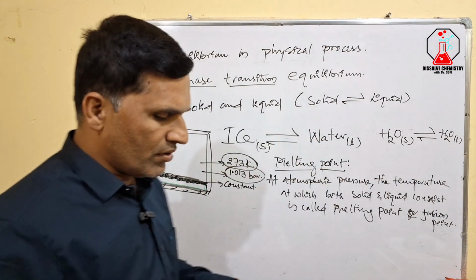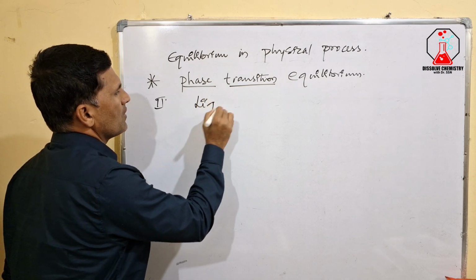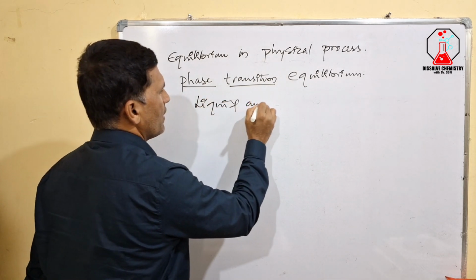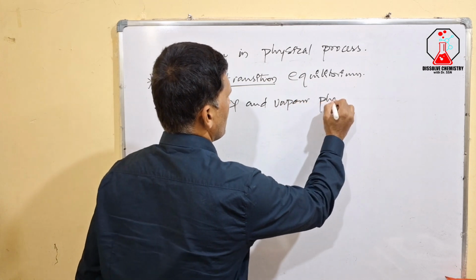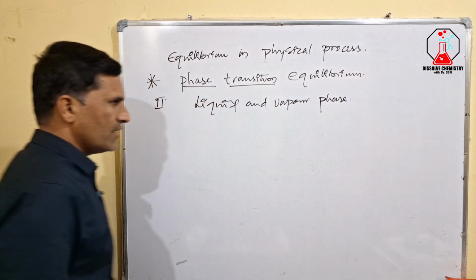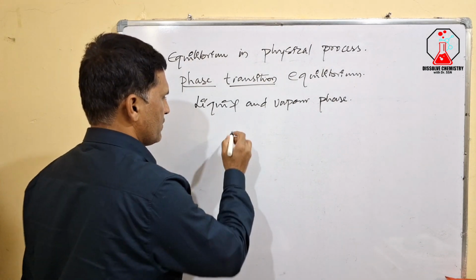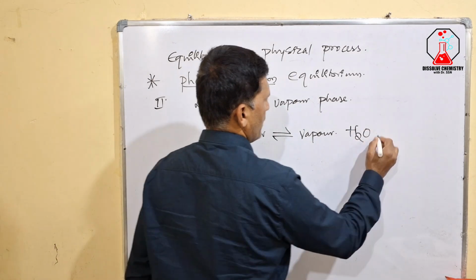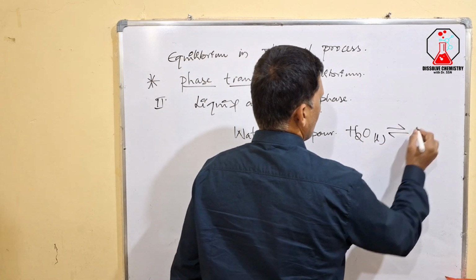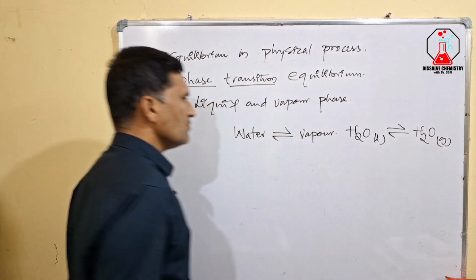Next we will move on to equilibrium between liquid and vapor phase. To understand this, again we will consider water and water vapors, or we will mention like this: H2O liquid, H2O gas.